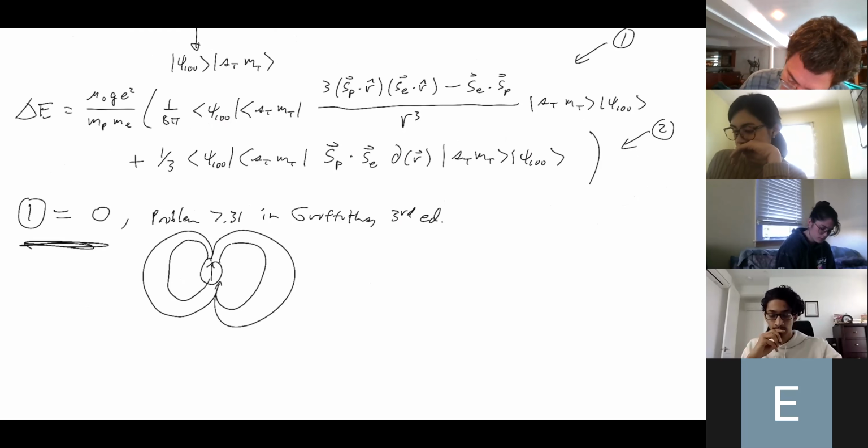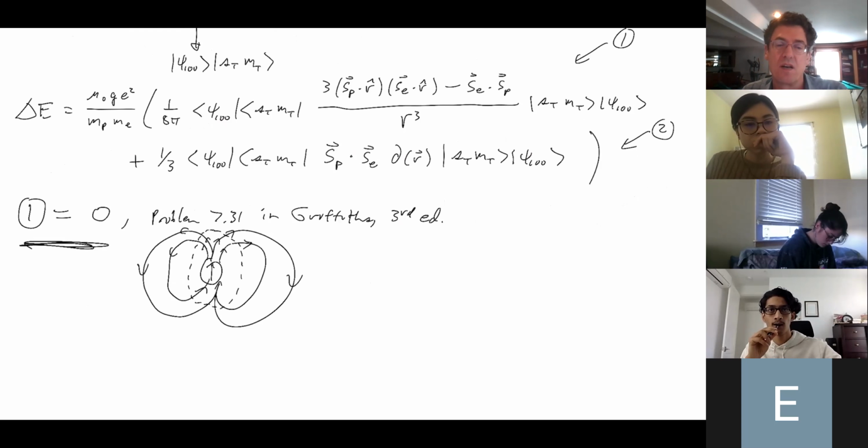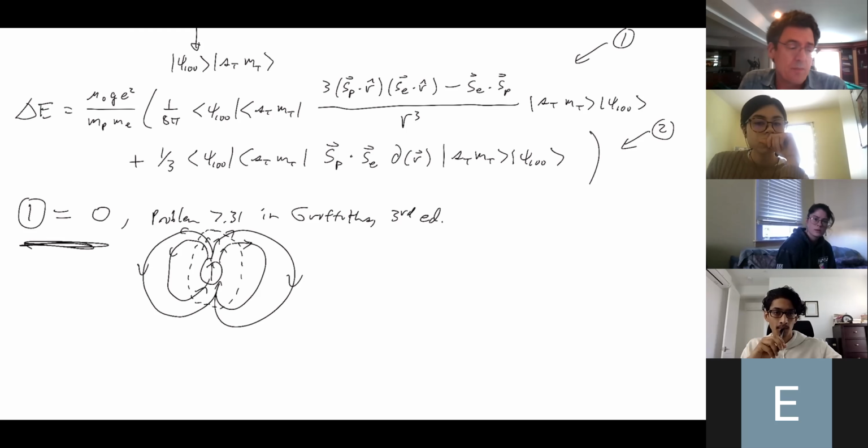right? And this part, you see how in this region, well, I'll just ask you, in this region, the field is pointing in what direction? Up or down? The B field. Which way is it pointing, up or down?